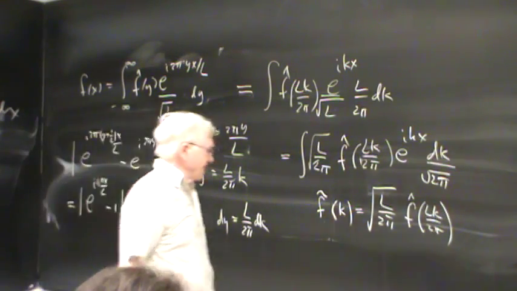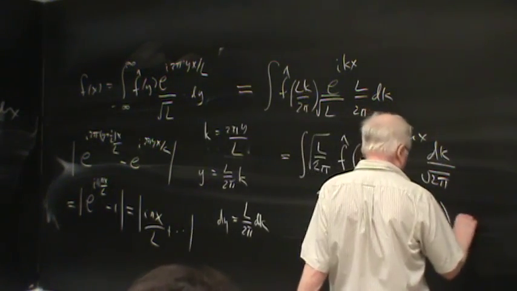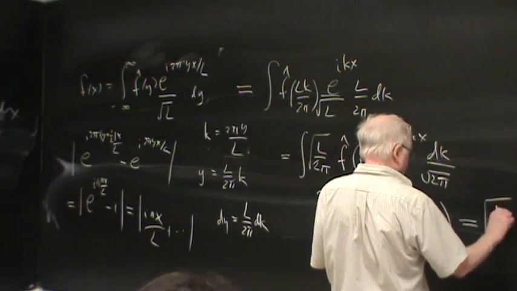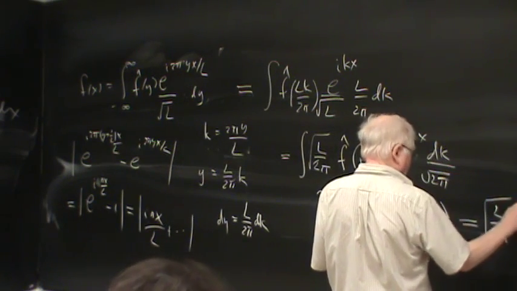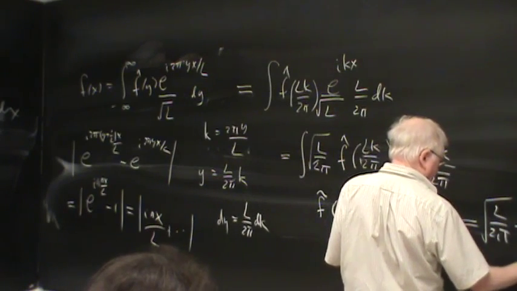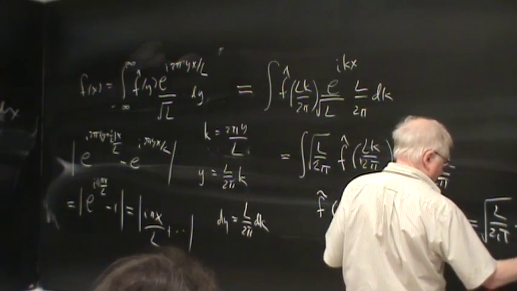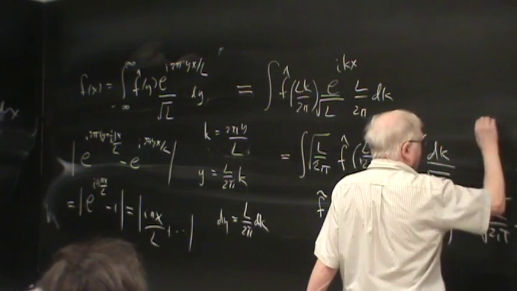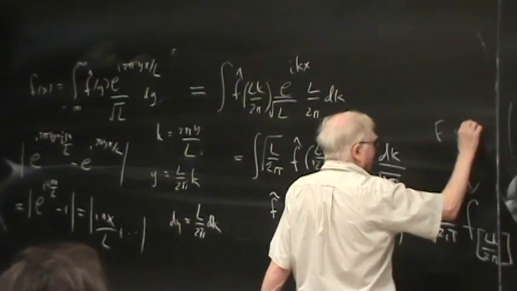So this Fourier transform variable, to relate it back to this other expression, is square root of L over 2 pi, f of the nearest integer to Lk over 2 pi, where this is the Fourier series coefficient.